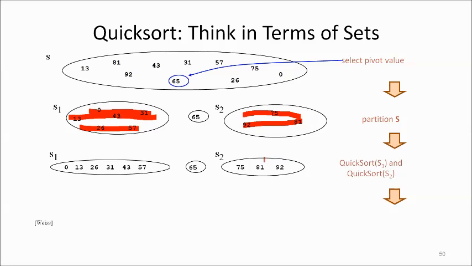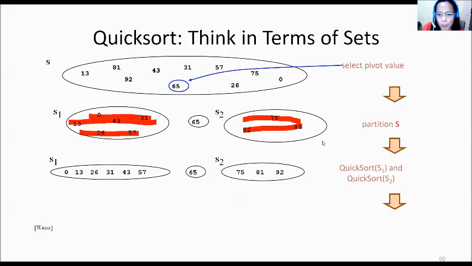So now, since we divided it, the next thing we should do is sort the elements. So now, after we partition the given set of elements, we have the S1 and S2, and then we have the pivot 65. So the first, the partition S1, we're going to sort that.